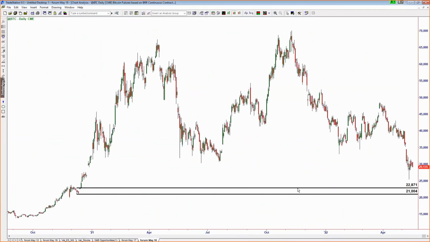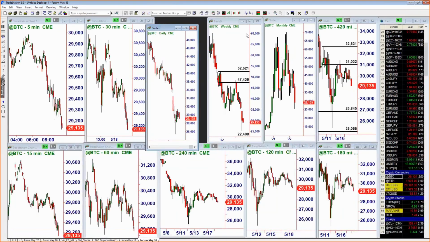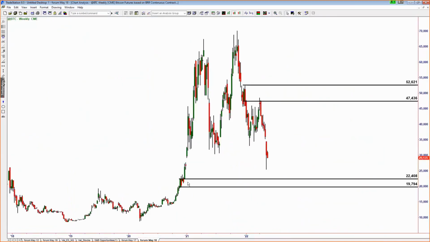So the next likely stopping point is here, but actually just a touch lower. So we probably want to bring that a little bit down here, closer to 22,000. Does that make sense?